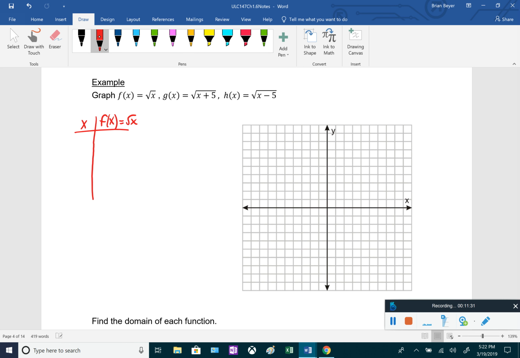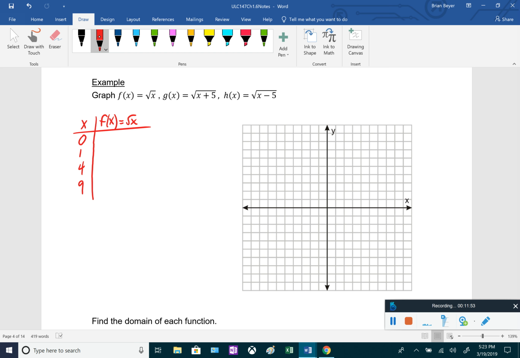For the x values that I use, I like to use 0, 1, 4, and 9. The reason is for the square root of x, we can't plug in any negative values. And the reason why I pick these other numbers is because they're perfect squares.